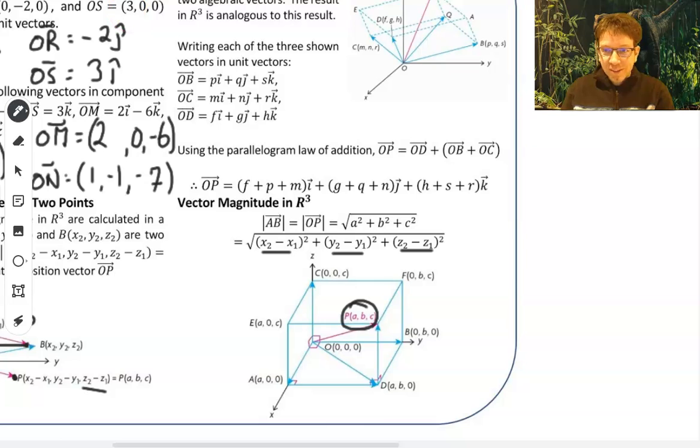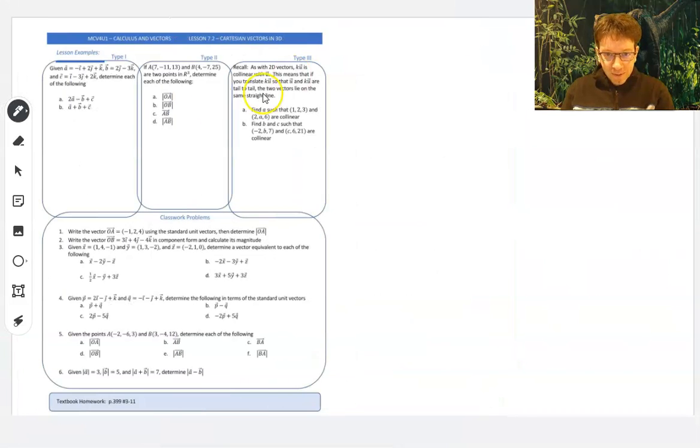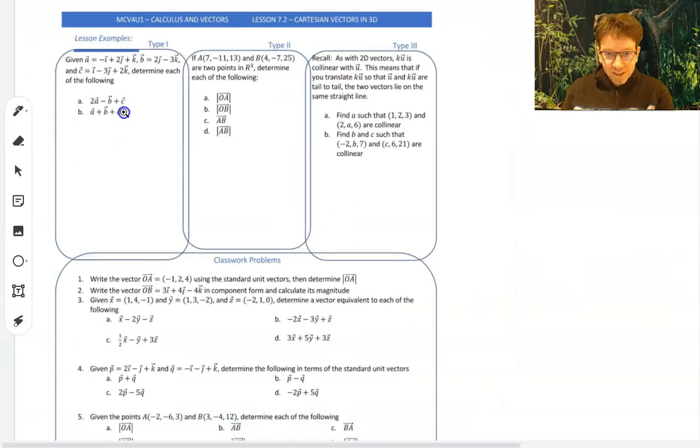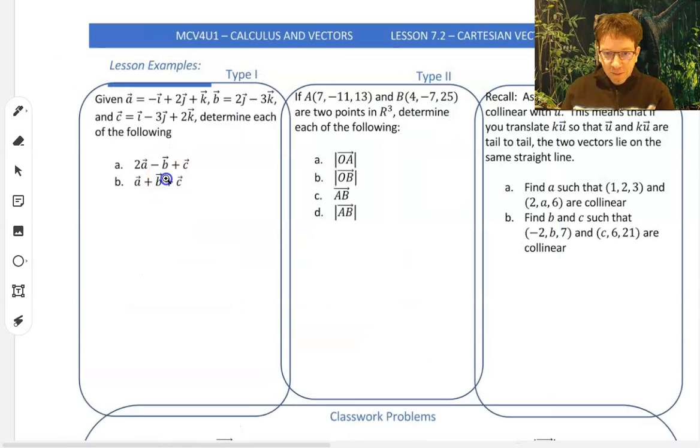Okay, so let's go over some example problems and we'll see how we're going to do. Start with number 1. So number 1 says, given A, and it's giving it in unit vectors, so minus i plus 2j plus k. And then we have similarly vector B and vector C. We have to find each of the following.